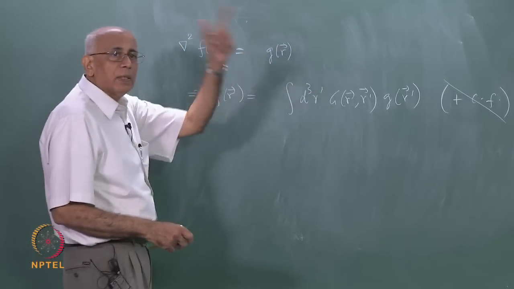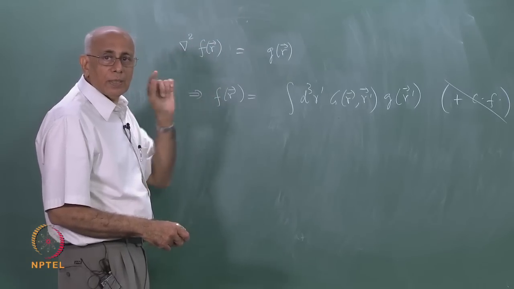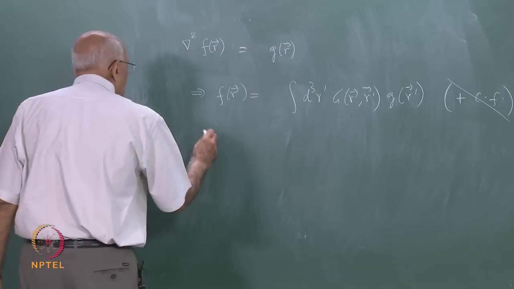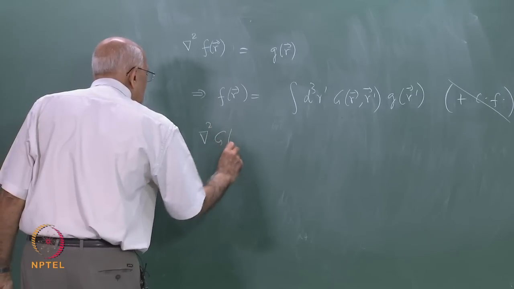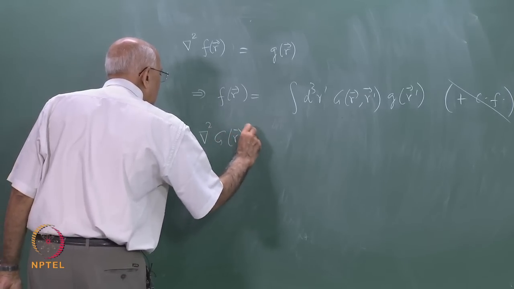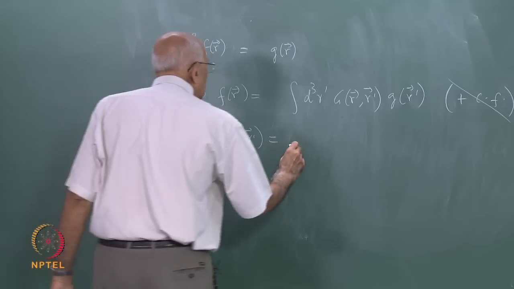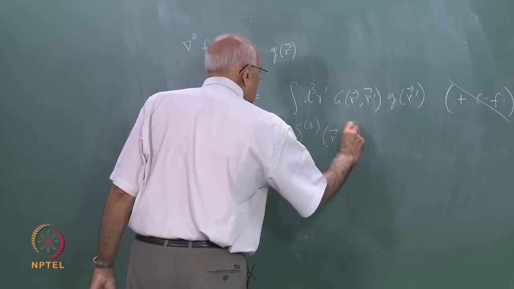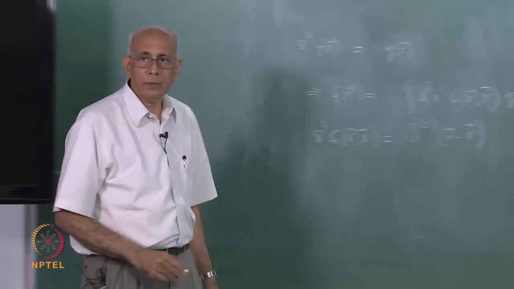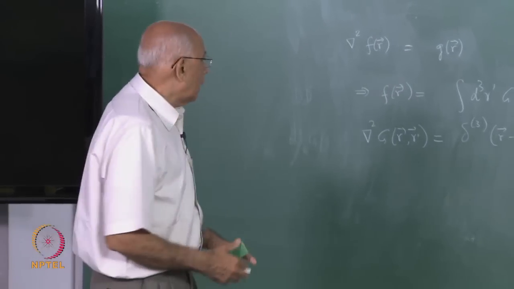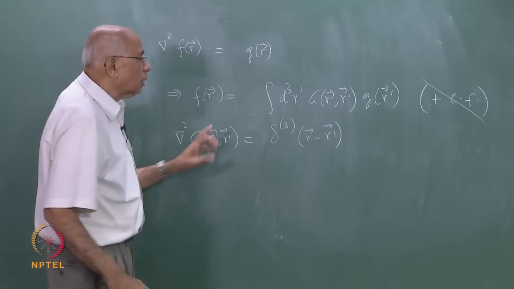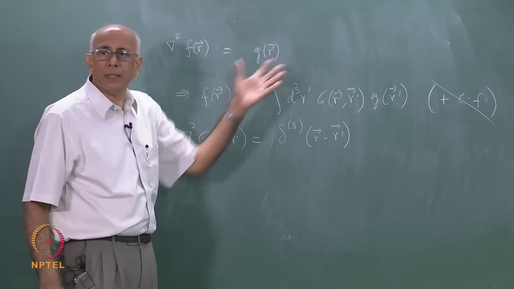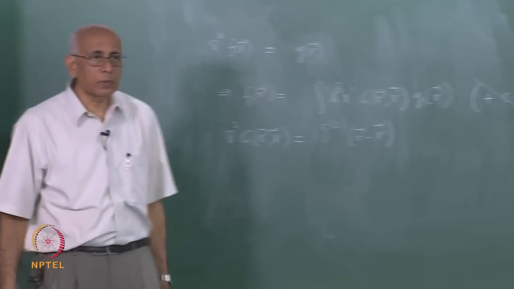It satisfies the same equation as here with a delta function on the right hand side. So you have del squared G is equal to a 3-dimensional delta function of r minus r prime in this case. I need to solve this equation, put the solution back in here, and that is the particular integral.